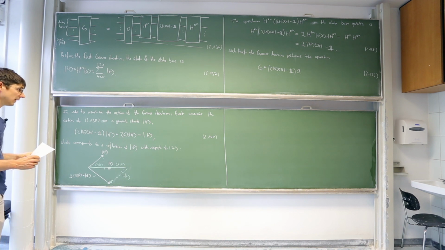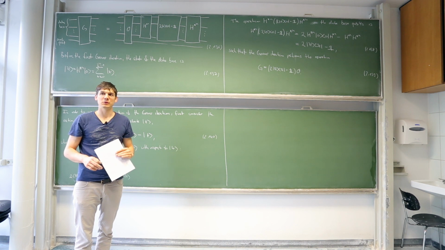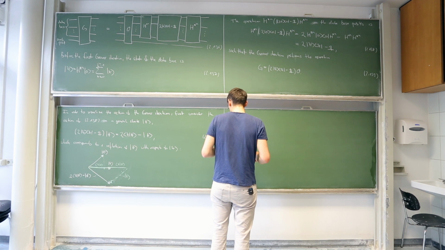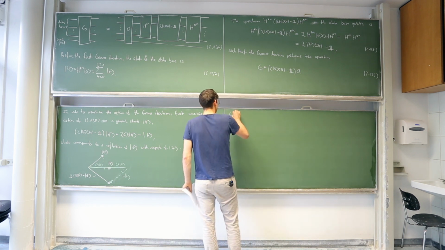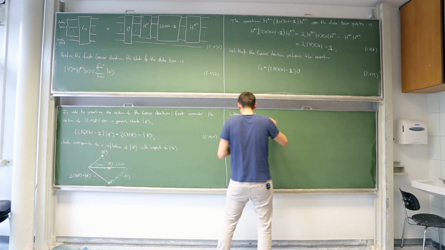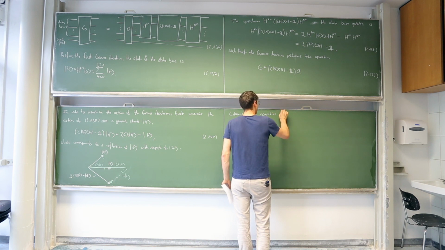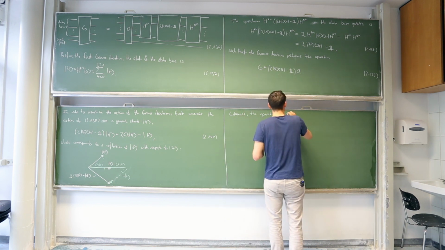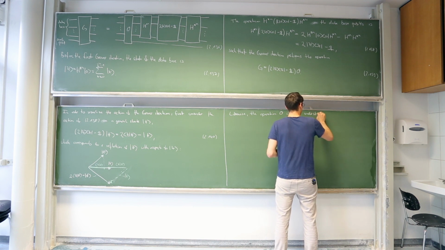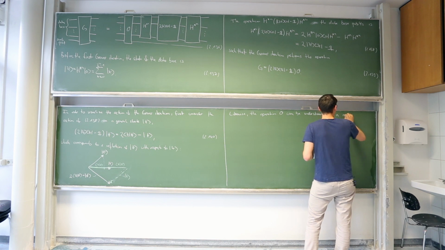And for this, we now have to subdivide our space into 2 subspaces. So let me first write this down. So likewise, the operation O can be understood as a reflection.